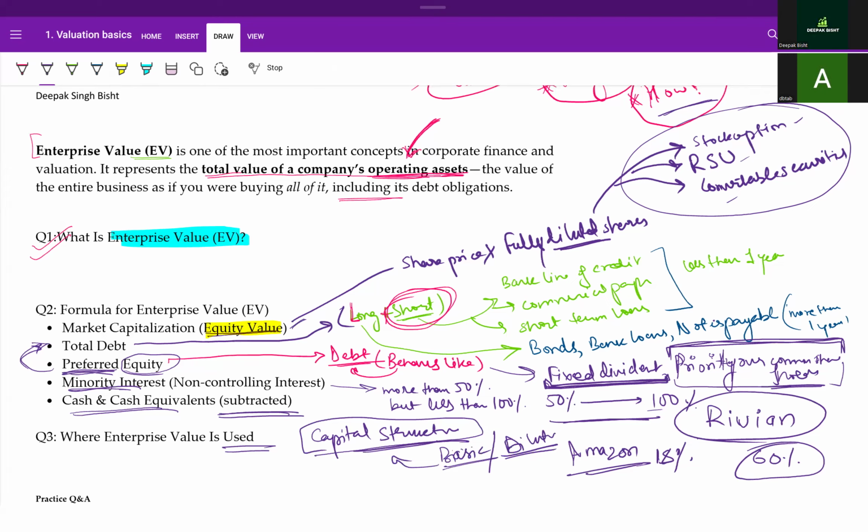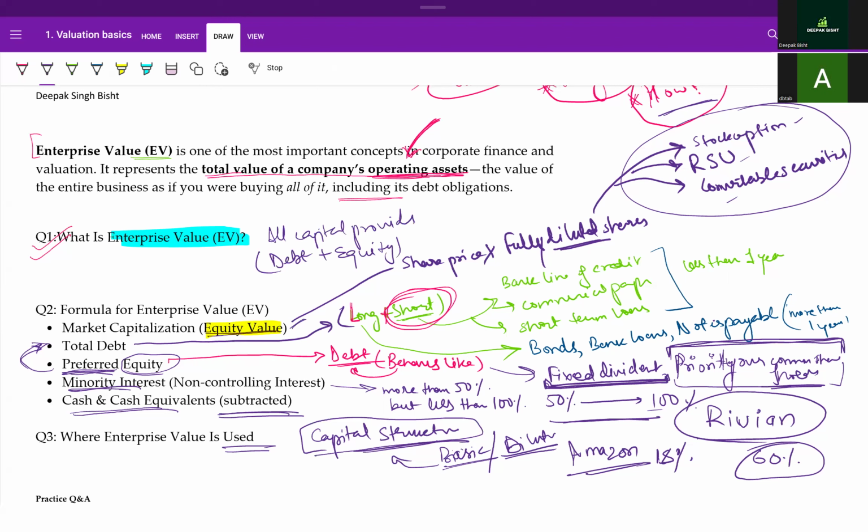Enterprise value considers all capital providers, so it includes all the debt providers plus equity holders.